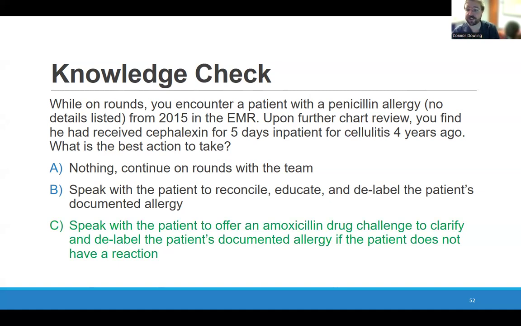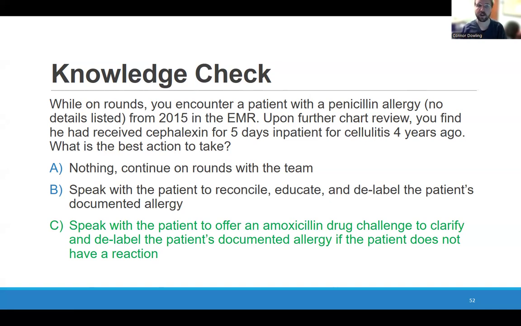So for this, we would actually want to speak with the patient, offer that amoxicillin drug challenge to clarify and delabel them, as this is one of those situations where we have the low risk reaction. They don't have the details listed on our penicillin allergy, so we can't say one way or the other.